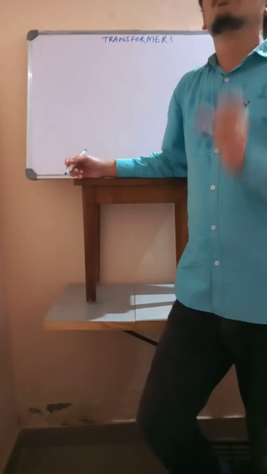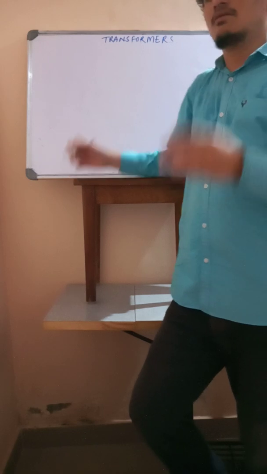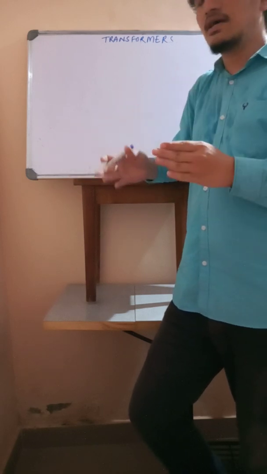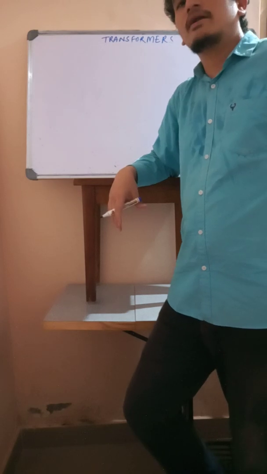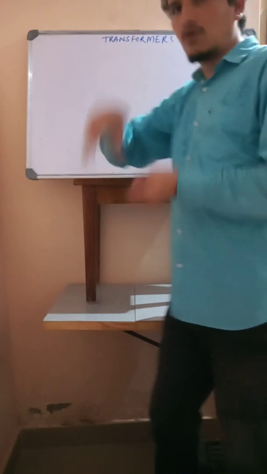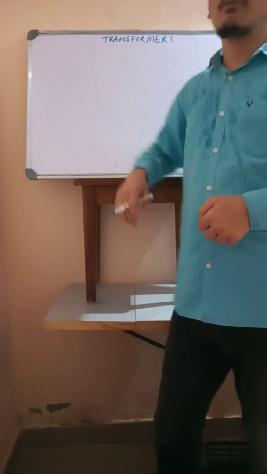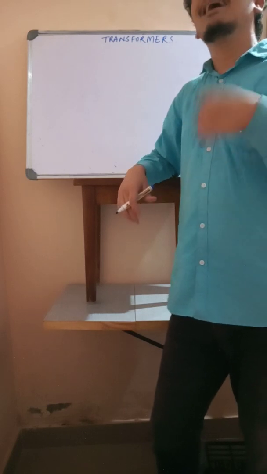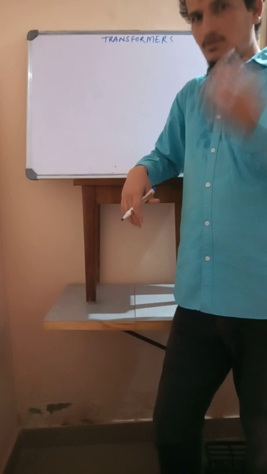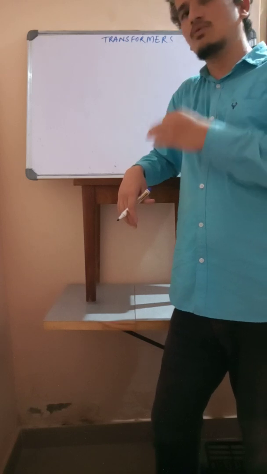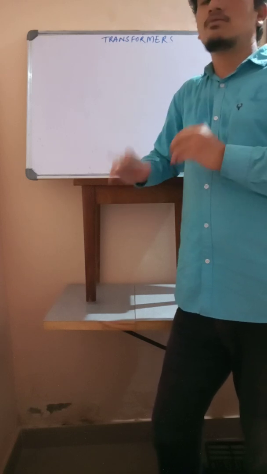A metal sheeted tank will be used, and in that tank the overall transformer setup, the core and winding setup, will be immersed in oil. That oil will provide both cooling and insulation. Those things you can write.